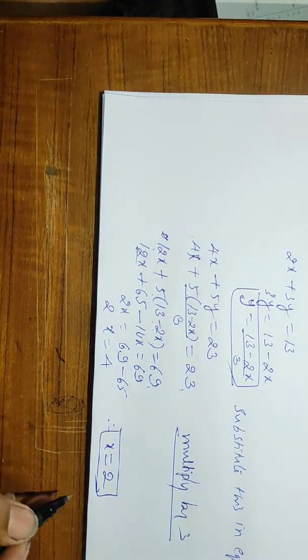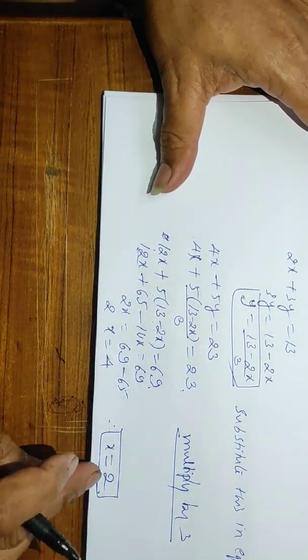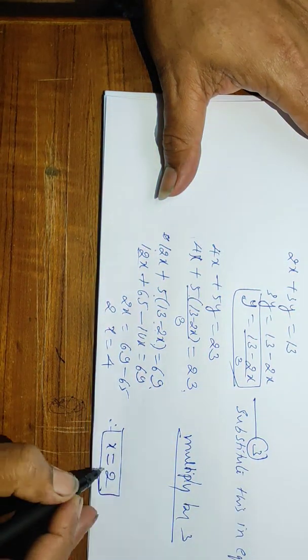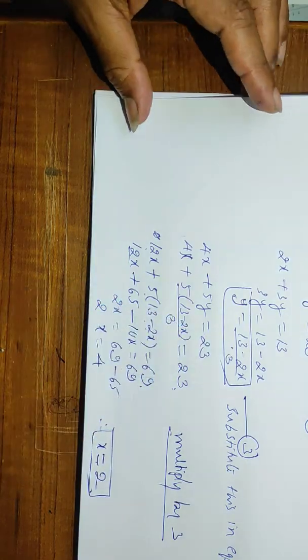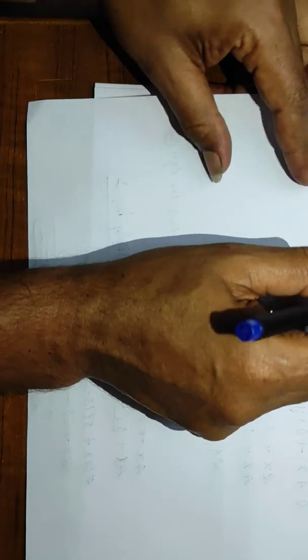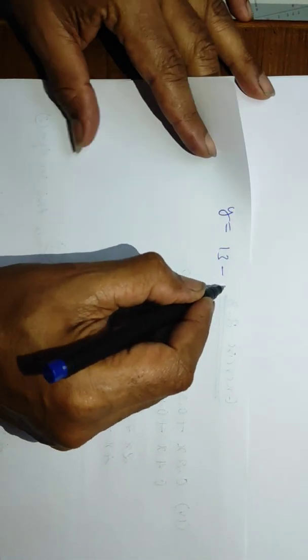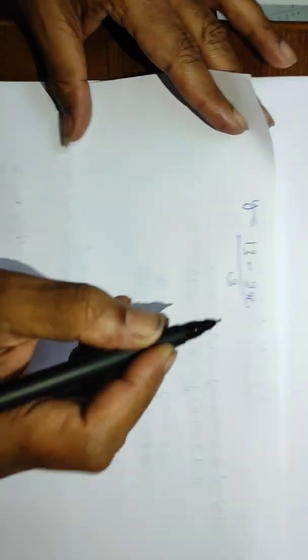So substitute the value of x. There you have to substitute the value of x in equation 3. y is equal to 13 minus 2x by 3.